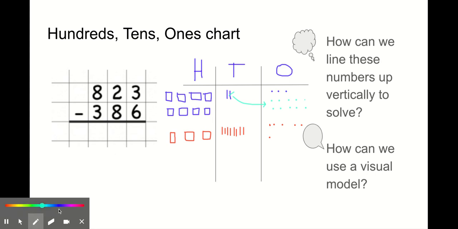So now, with my red dot, I'm going to cross out 6. 1, 2, 3, 4, 5, 6. How many ones do I have left?